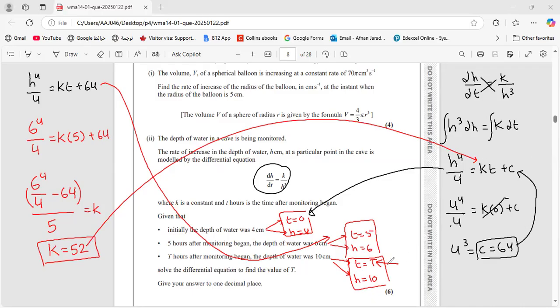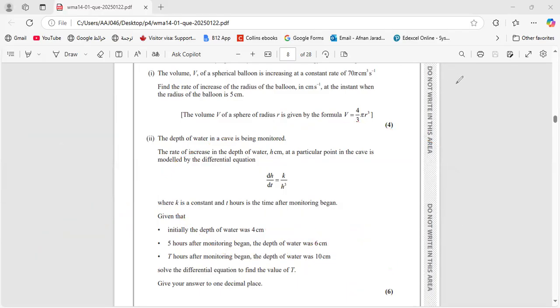Can you find the value of capital T? Sure, yes, by substituting. Going to this equation, h to the power of 4 over 4 equals kt plus c.